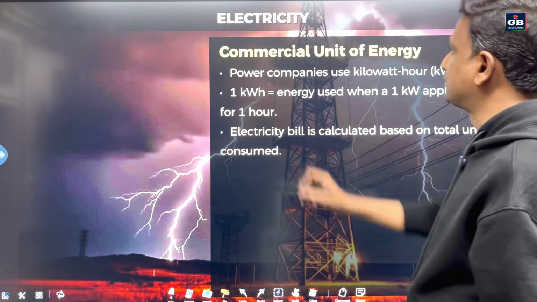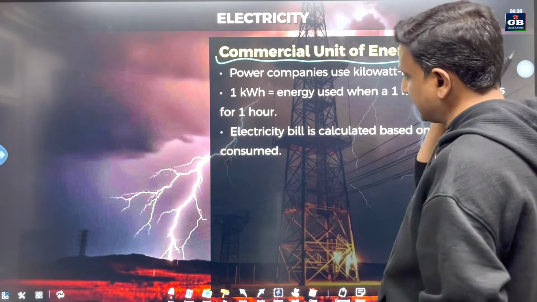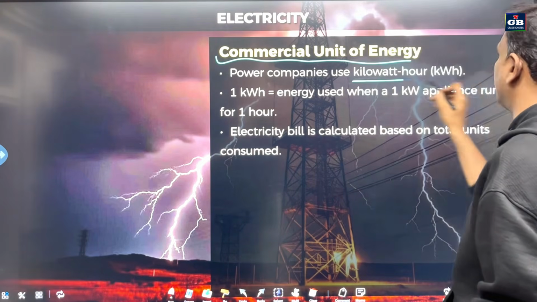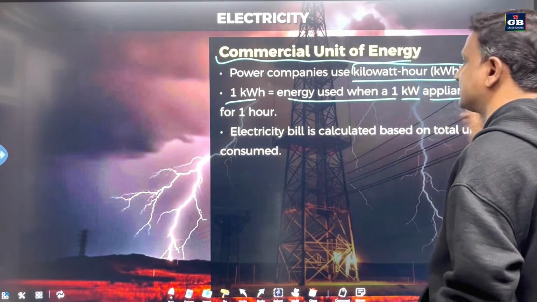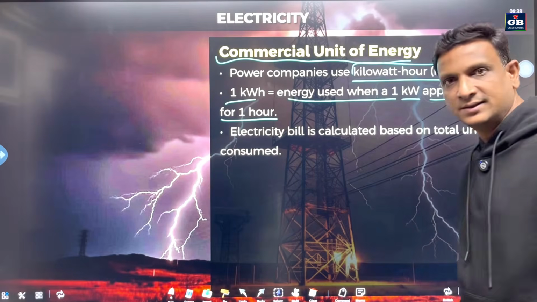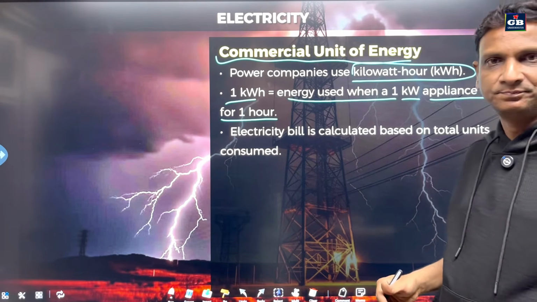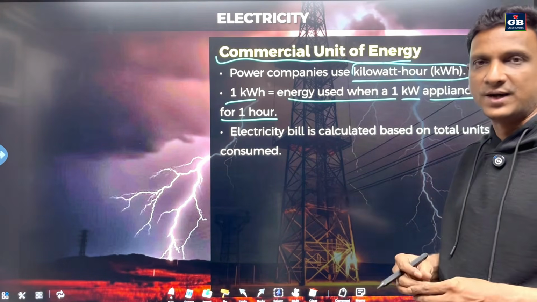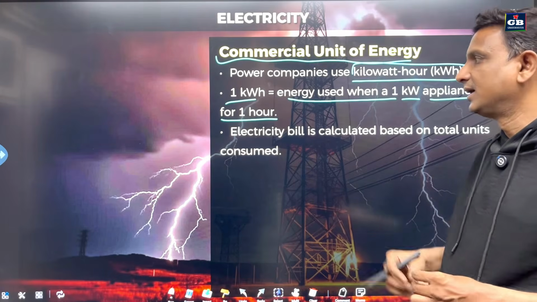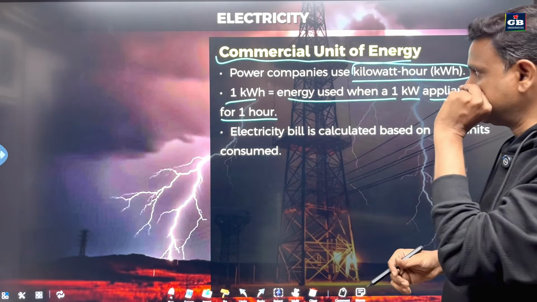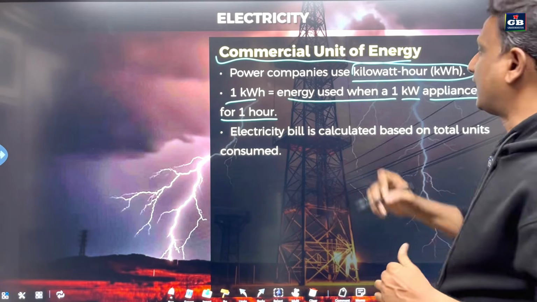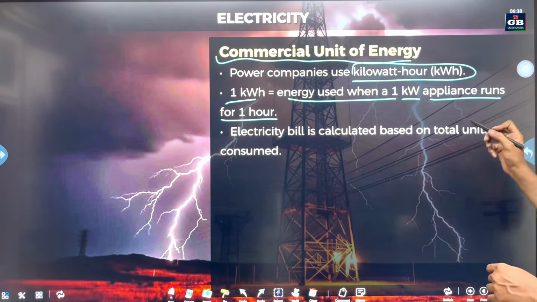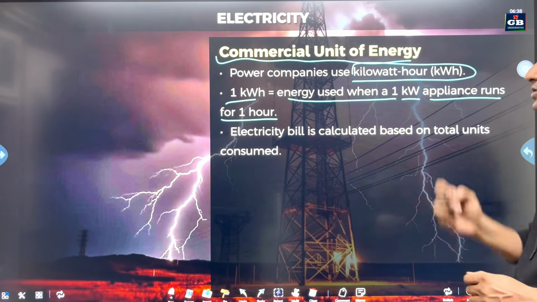Next, the commercial unit of energy. The power companies use kilowatt hour. 1 kilowatt hour is equal to the energy used when a 1 kilowatt appliance runs for 1 hour. For example, there is a fridge. Its capacity is 1 kilowatt. That means in 1 hour it uses 1 kilowatt hour. It uses 1 kilowatt energy per 1 hour. That means 1 unit.